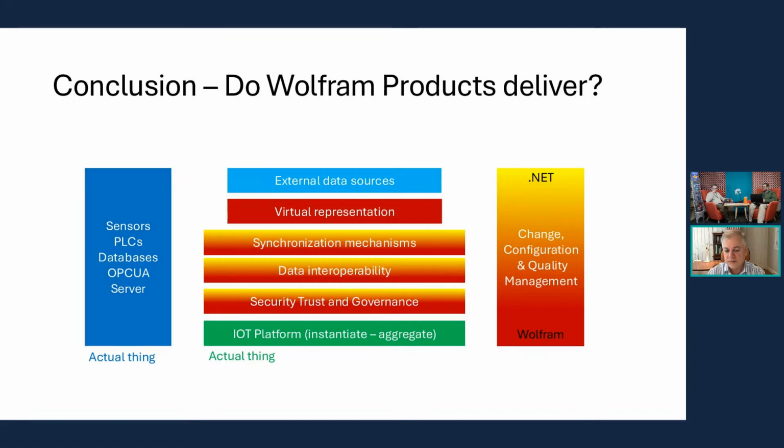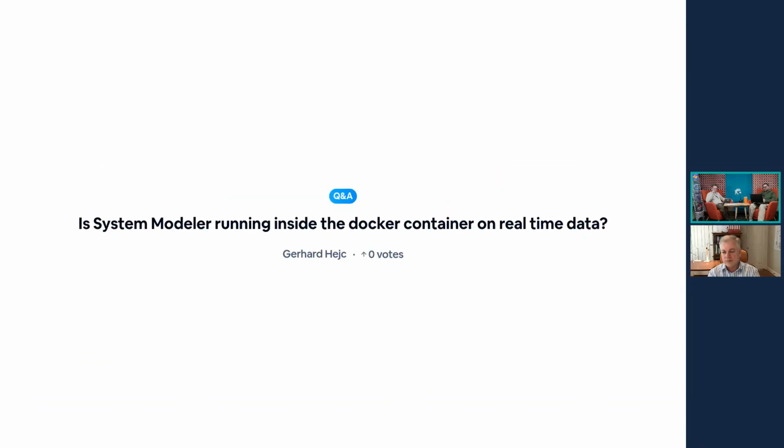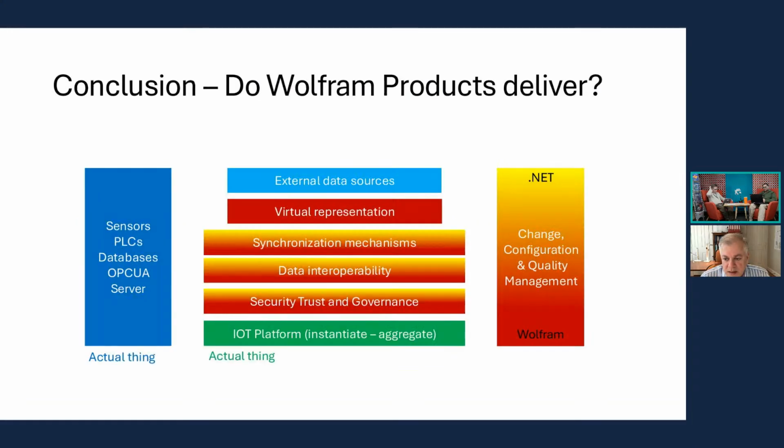We have another question here from Gerard. Is System Modeler running inside the Docker container, or real-time data? It's an executable from System Modeler that's being run inside the Docker.